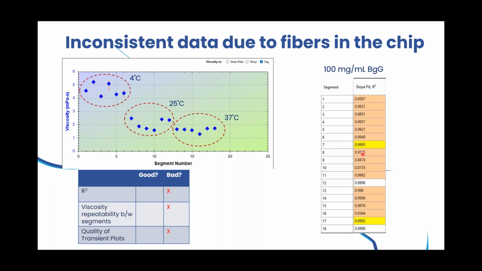You can see how the viscosity repeats for each temperature are not consistent, and the quality of the viscosity versus time plots was affected as well. This is the viscosity versus time plot you see in the software for these instruments. These are signs you can use to determine if your chip has any fibers in the channel.